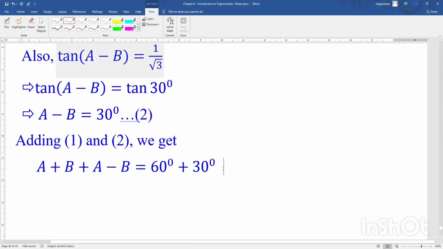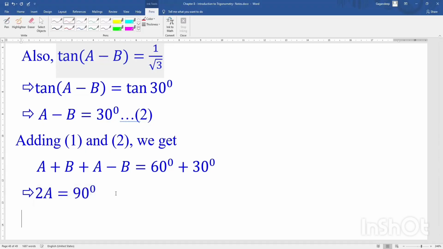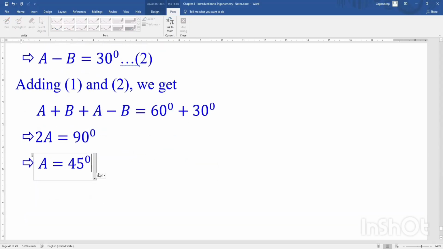Here b and b get cancelled, which means we get 2a equals 90 degree. So write like this, 2a equals 90 degree, or it means that a equals 45 degree, because 90 by 2 is 45 degree. And I wrote that.